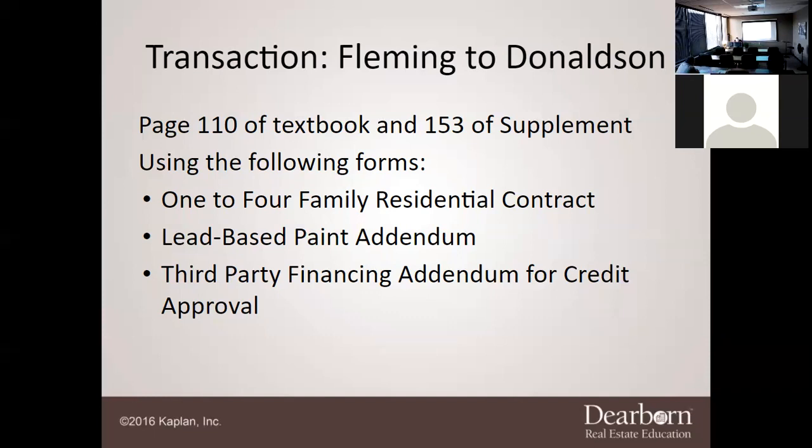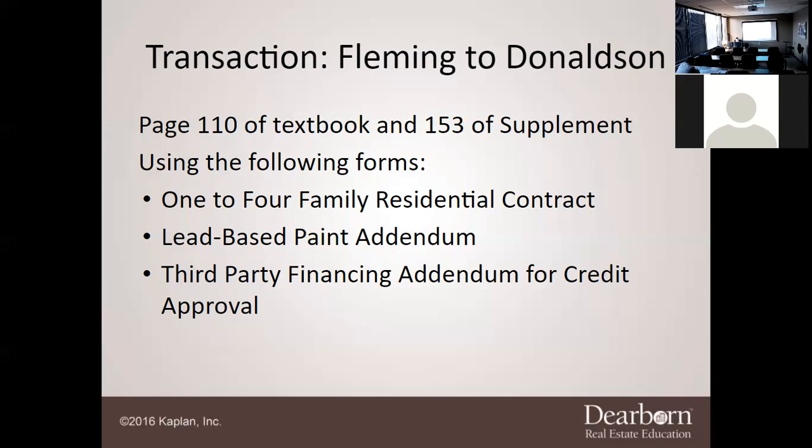Larry and Marissa Fleming have owned the home the Donaldsons would like to purchase since it was built in 1975. It is in good repair except for four fogged windows in the kitchen. The property is located at 3430 Old Master Drive in Houston, Texas, 77056, and is owner occupied.